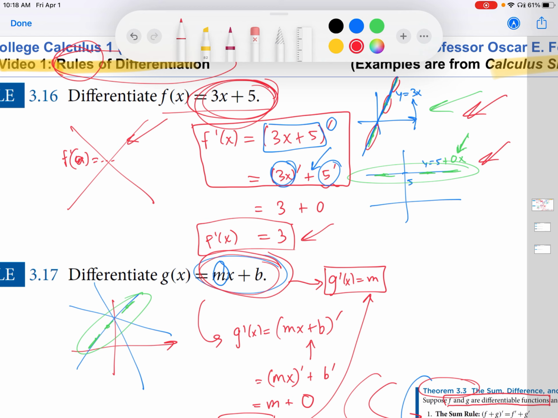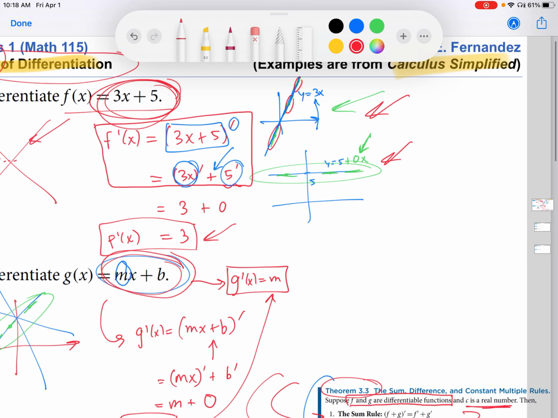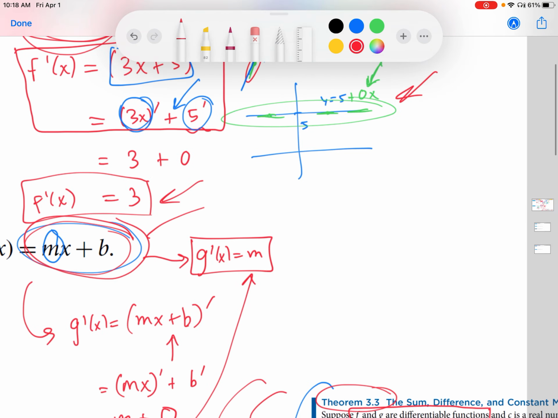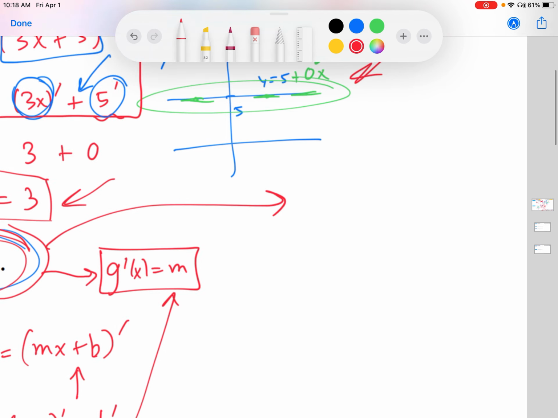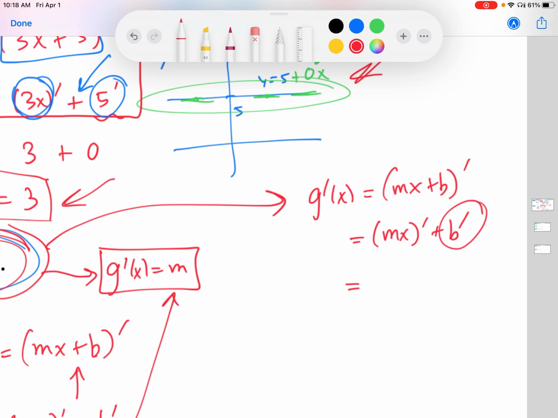Okay, so what did I want to talk about with the constant multiple? Let's see another way to put in some of the intermediate steps over here to show you how you could make use of that constant multiple rule to illustrate that one. So this was the derivative of a horizontal line, y equals b, so that's 0.